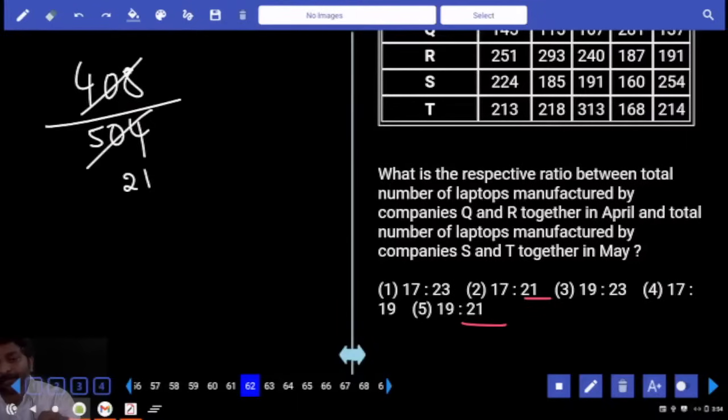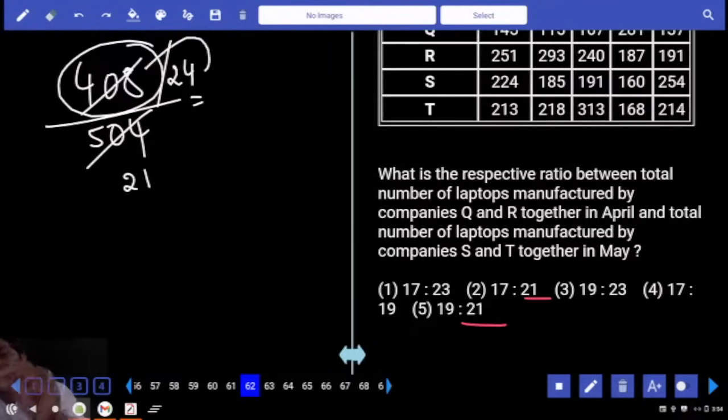Correct? If this numerator is divided with 24, observe the last digit. 4 into which number ends with 8? Either 2. So your numerator should end with either 2 or 7. Correct? Answer.